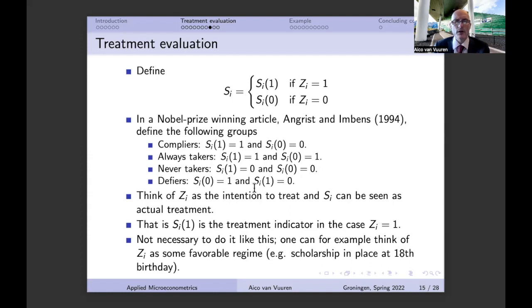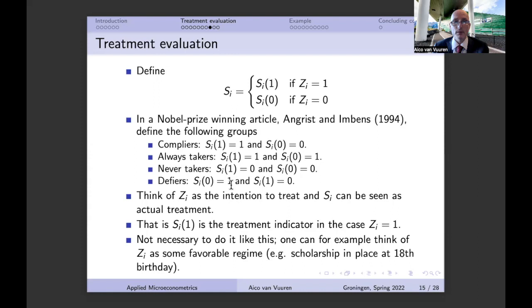In order to make this analysis a little bit simpler to understand, you can think of Zi as being the intention to treat. This is especially interesting when we think of a medical evaluation, a medical experiment.